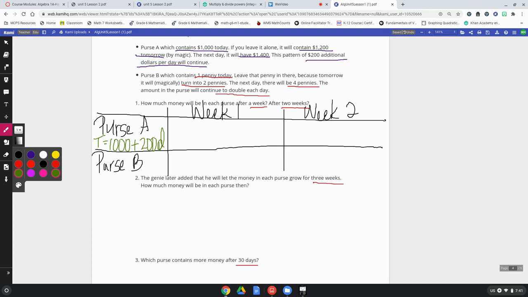So week 1 will be $1,000 plus... it's every day, so week 1 is 7 days, so that's 200 times 7. That gives me 1,400 plus 1,000, which gives me $2,400 for the first week.